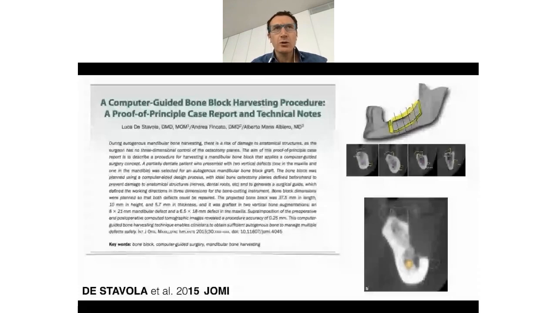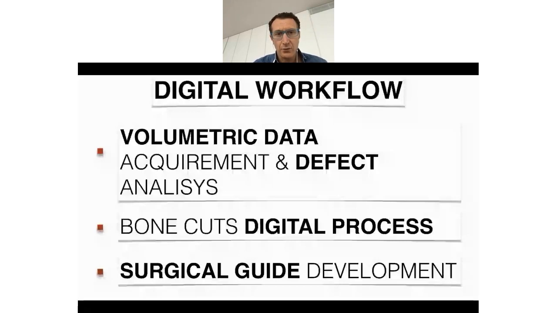And we can decide also how to place the Khoury lamina, how to perform the approach in the defect, so that we get exactly the dimension of the block which is needed to perform the procedure, and also the evaluation of the quantity of bone harvestable in a very safe way. We obviously need a digital workflow to perform this. We need volumetric data acquisition, we need a defect analysis, we need a digital bone cuts process, and then the surgical plate development.